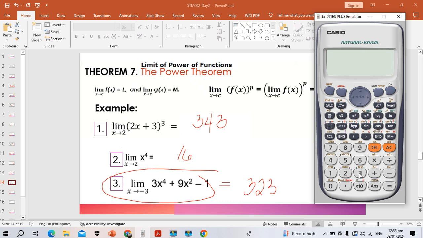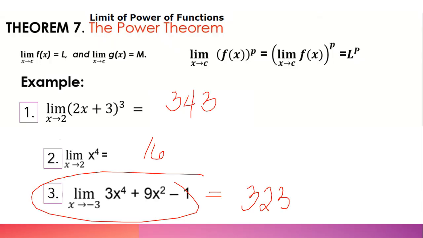Calculator ko pa. So, let's have 3, open, negative 3 raised to 4 plus 9 tapos negative 3 raised to 2 minus 1. Yan. Pwedeng ganyan yung way ng pag-calculator ninyo. 323. Alright. All of your answers are correct.